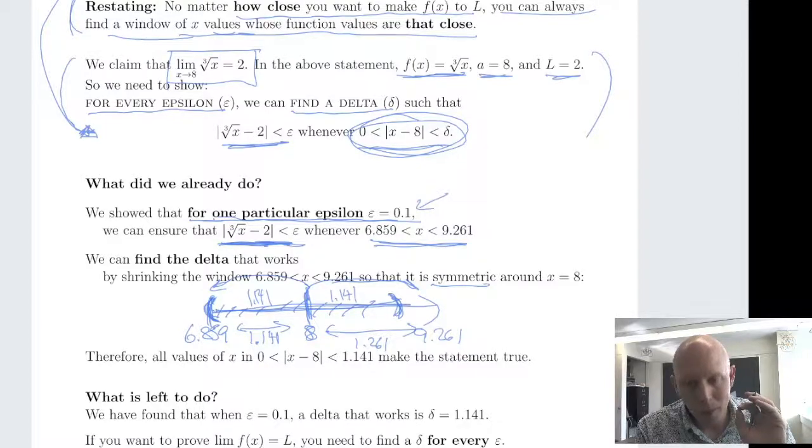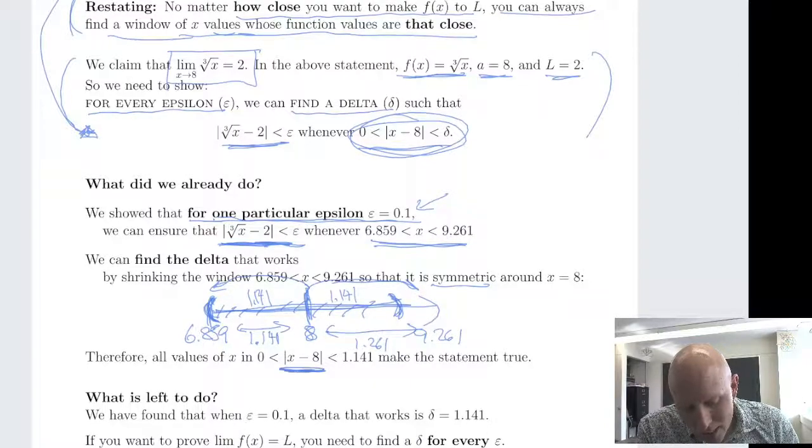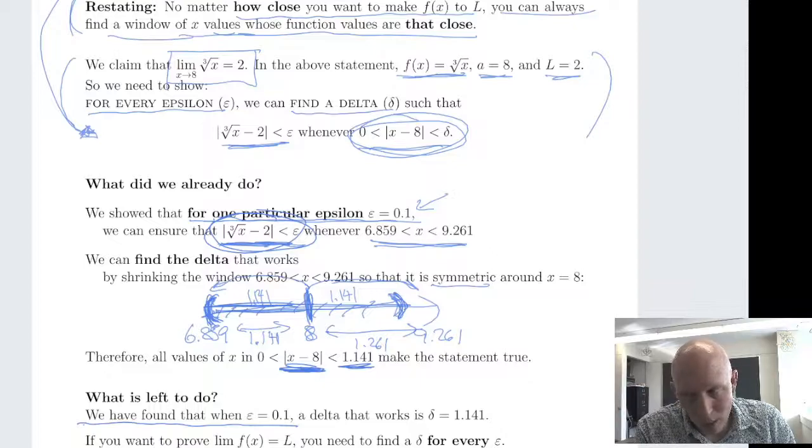And so what we've seen is that whenever the distance between x and 8 is less than or equal to 1.141, then the function value, the cube root of x, is within 0.1 of 2. And so what we found is that when epsilon is equal to 0.1, a delta that works in the statement is 1.141.